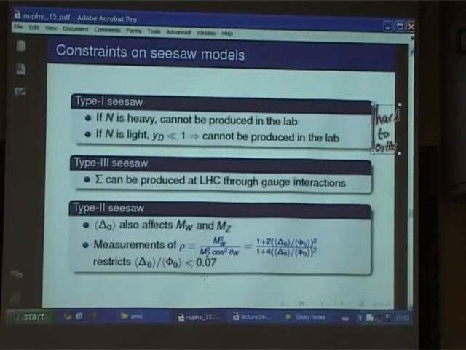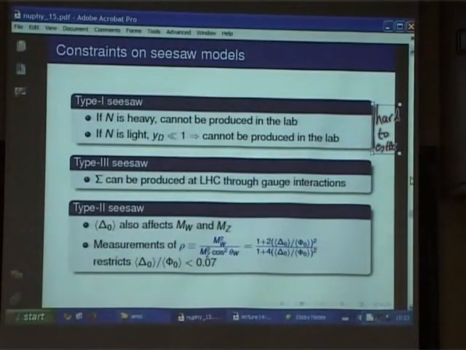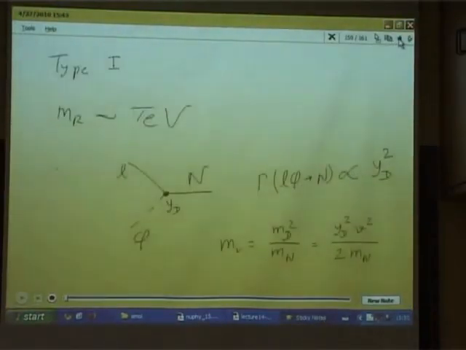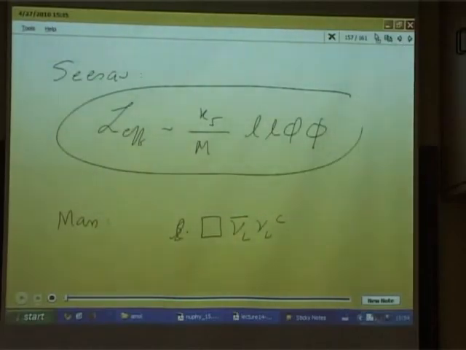So I think I should stop here. I will talk about these models briefly when we meet again, perhaps in the first week. Just to summarize, what we saw today is three seesaw mechanisms, all of which can give neutrinos mass, and all of them finally correspond to the same Lagrangian term, where you have a term which is n n phi phi divided by some mass.